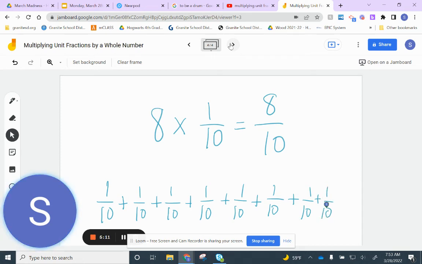And I have 1, 2, 3, 4, 5, 6, 7, 8. And that then equals 8/10. So that's really what we're doing. We're multiplying a whole number by a unit fraction.